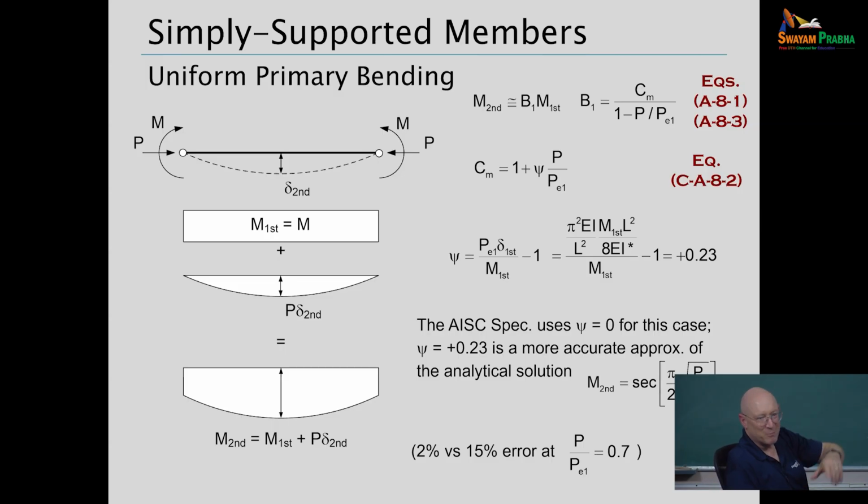The gusset plate doesn't have much flexural stiffness compared to the members, so maybe you're getting close to a pin there. But even in that case, you're getting some restraint. So that's where we kind of wave our hands and say, okay, yeah, for this case, that's maybe more error than usually we say we want to tolerate. But the codes commonly tolerate it for this particular case. And we use the approximation for uniform bending, where basically C sub M is equal to 1.